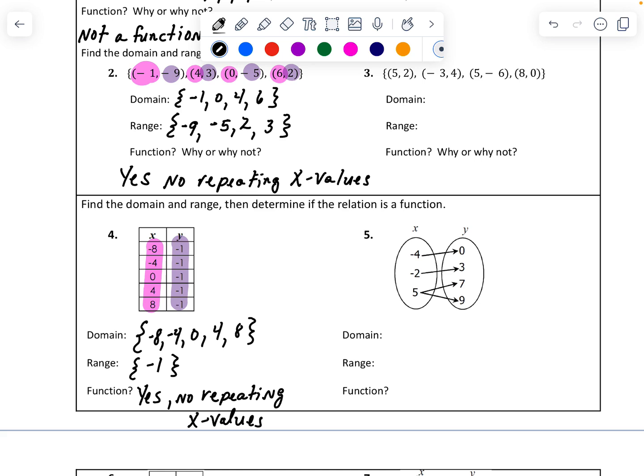All right, so let's check out this one. Here are my x, here are my y, right? So let's do our curly brackets. So we have negative 4, negative 2, 5.